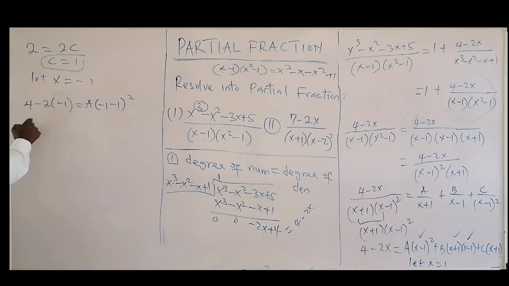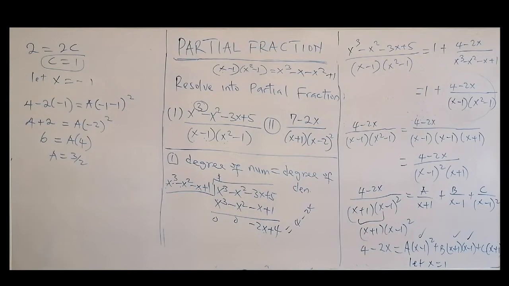And that will be 4 minus times minus, that's plus 2, equal to A into bracket minus 2 squared. And that will be 6 equal to 4A. So A is 3 over 2, when x is minus 1.